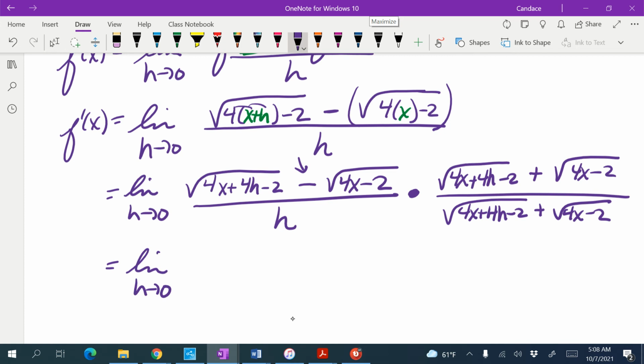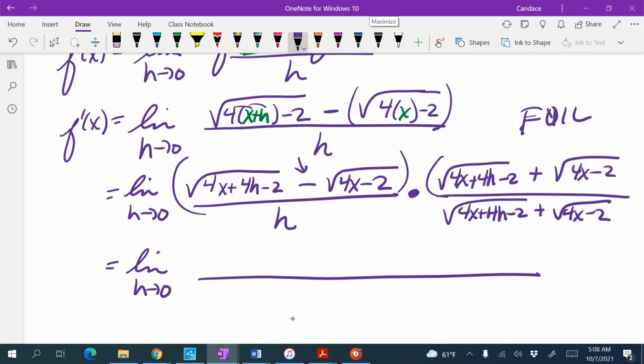Because we're multiplying by the conjugate, when we FOIL this, because this is a binomial times a binomial, my O and my I would cancel, so my shortcut is I could just multiply first and last. So I'm going to multiply this times this, which, since it's the same thing, is just the stuff underneath. So it'd be 4x plus 4h minus 2.